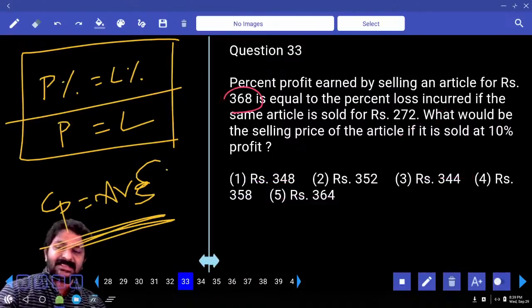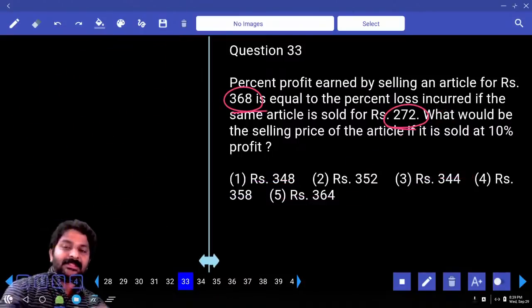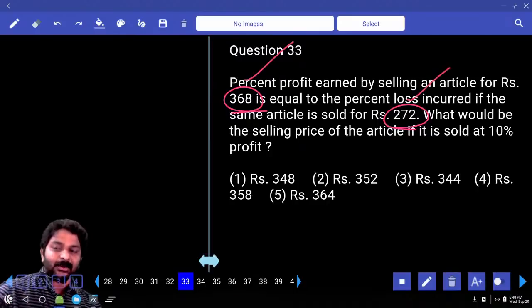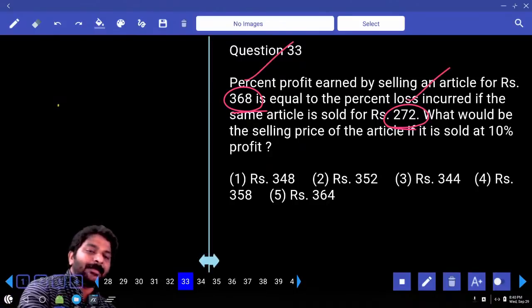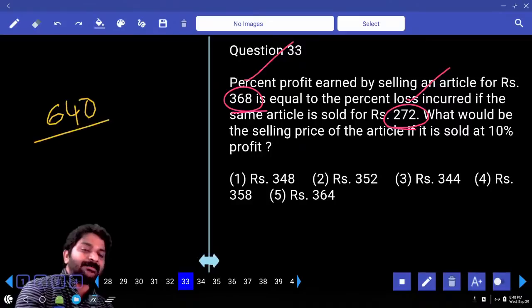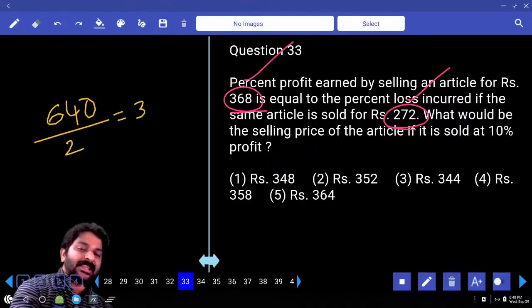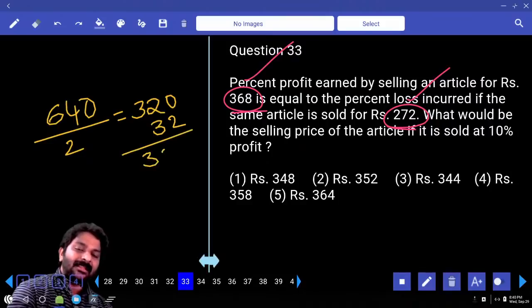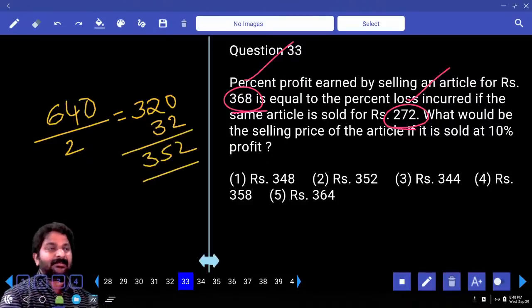The selling prices mentioned in the question are 368 and 272, total 640, average by 2, which is equal to 320. And what is 10%? 32. We are expecting profit, so we have to add, that is equal to 352 final.